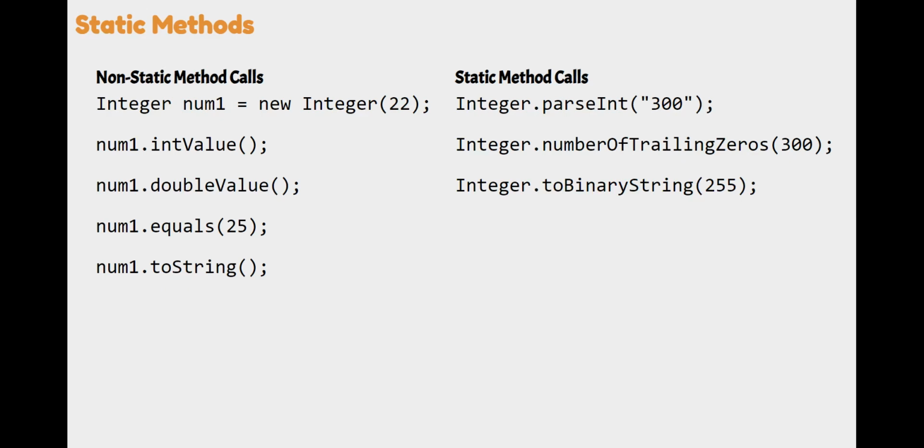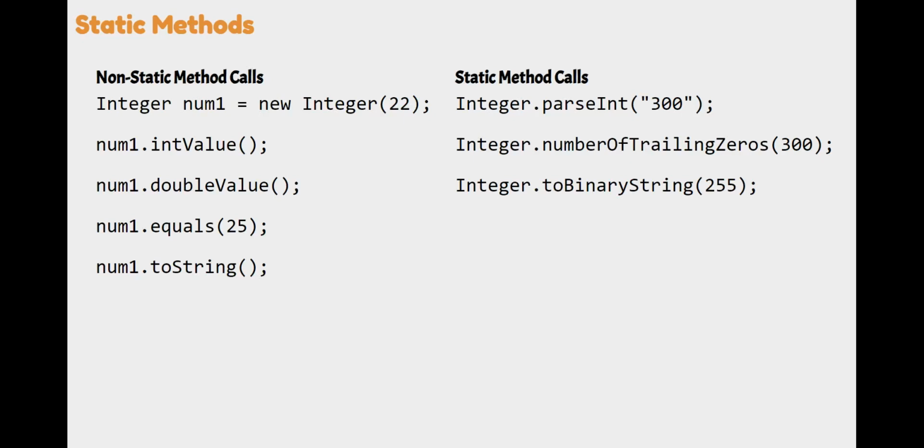On the right-hand side, we will see some static method calls where we call the method by class name. We are not interested in any particular object, and we are not looking at any particular object values. In our first example, we are saying Integer.parseInt, and we are passing in the actual parameter of a string literal of 300.